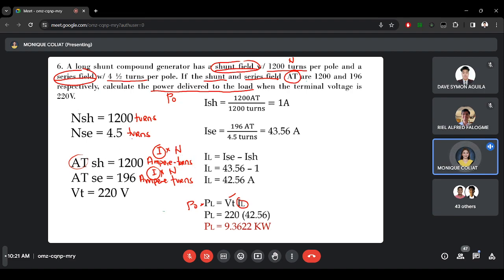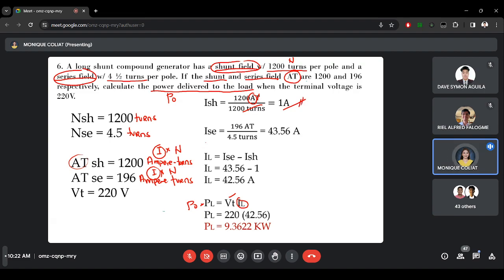So, to get ISH, we have ampere turns over NSH, or 1,200 ampere turns divided by 1,200 turns, so that we can cancel this unit, which is turns. So, ano na lang matitira? Ampere. That's why it's already current. So, 1,200 ampere divided by 1,200 is 1 ampere.